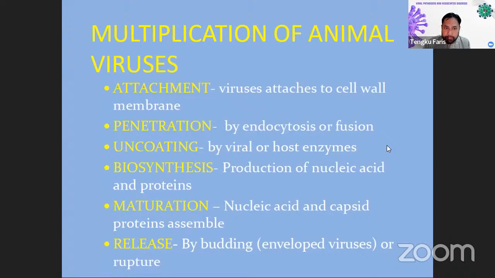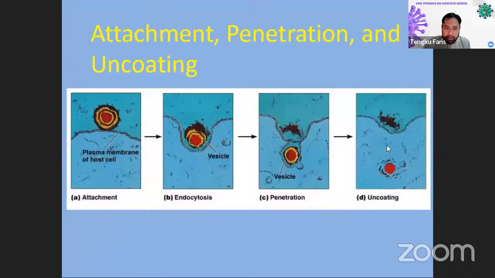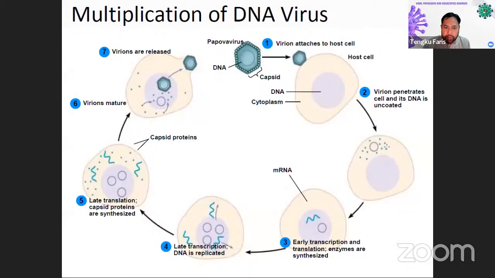Multiplication of animal viruses, you can look at this. This is also quite similar. We look at the steps involved in regulating the activity or multiplication of the viruses inside the body. In the case of parvovirus, you can see this is a type of DNA virus.